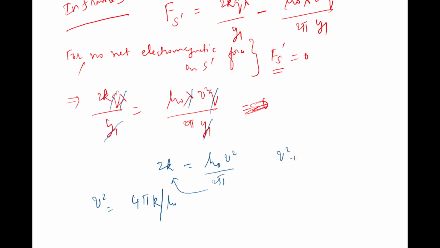So v squared is equal to 4 pi k over mu naught, where k, in electromagnetic theory, we know that k is 1 by 4 pi epsilon naught in the SI unit system. So v squared is equal to 4 pi into 1 by 4 pi epsilon naught, over mu naught, right? So we have the 4 pi cancelling each other.